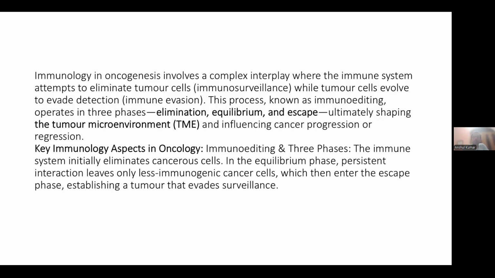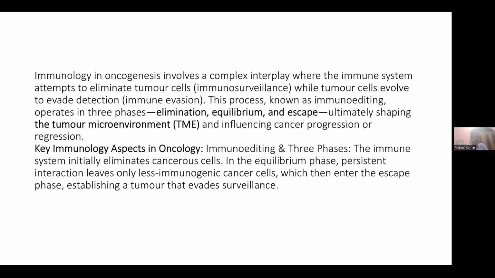We will see what it means. Ultimately, shaping the tumor microenvironment means that it will develop an ecosystem which facilitates the progression of the tumor cells, which is also called the tumor microenvironment, and includes very different types of cells.